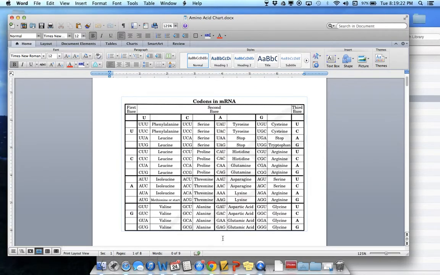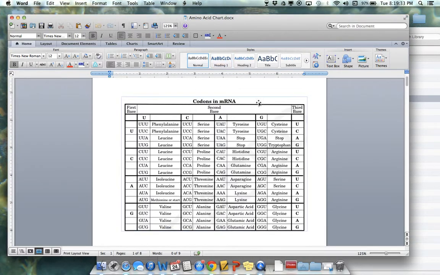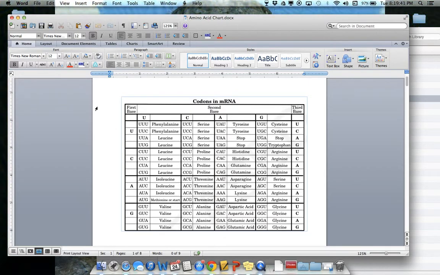So this is actually the easy way that you can find what amino acids transfer RNA is bringing, okay? On your sheet somewhere, if it doesn't have that, put codons in messenger RNA, or just put codons up there somewhere, so you know that these right here are representing codons, okay?